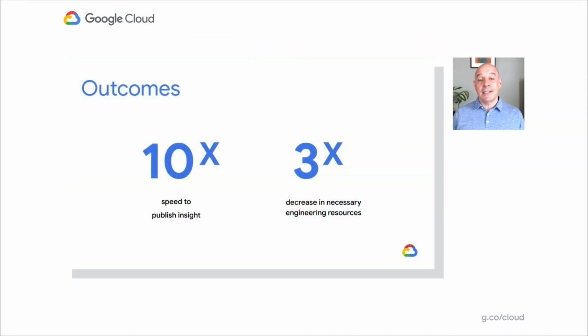The net result on this engagement has been a 10x increase in the speed it takes to publish new insights in the application, and all of that with about a third of the engineering resources required. So now, with relevant and timely insights at their disposal, these retail merchants are using the application in much higher numbers and with much more regularity than ever before. So from a purely quantitative perspective, I think it's fair to say achievement unlocked.